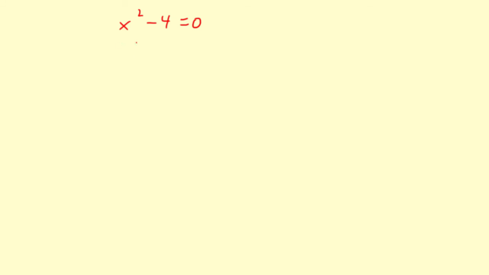If you have an equation like this, there are two different ways to solve. You can either factor it into x plus 2 times x minus 2 equals 0. It's a special pattern there. And then you can apply the zero product property to solve, or you can use the square root method. So here's how this works.